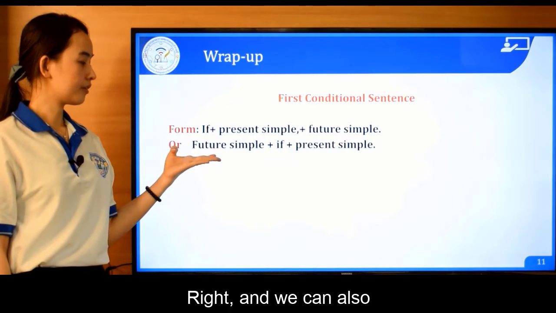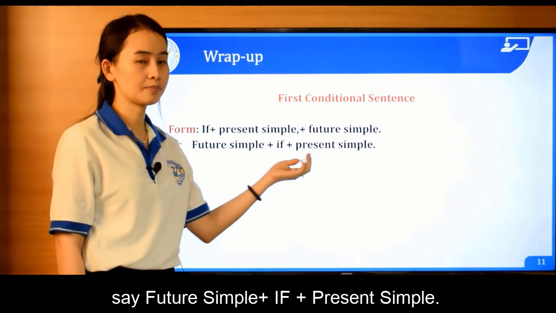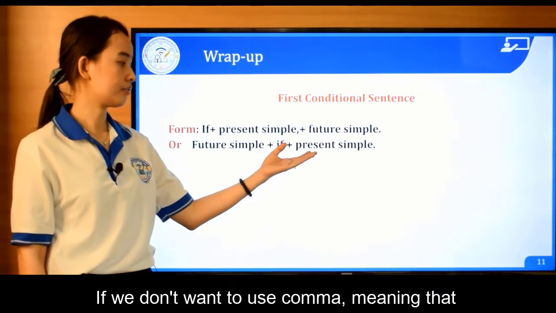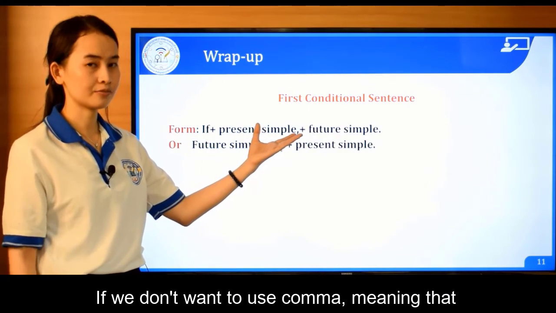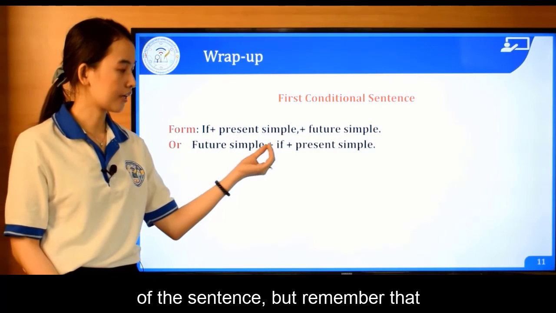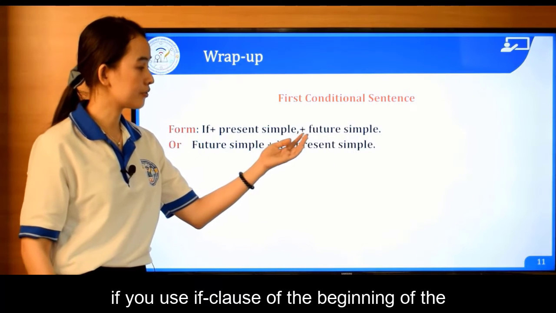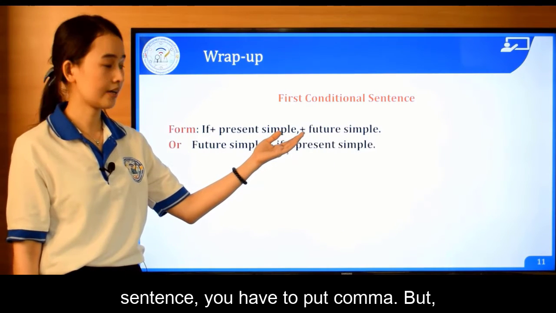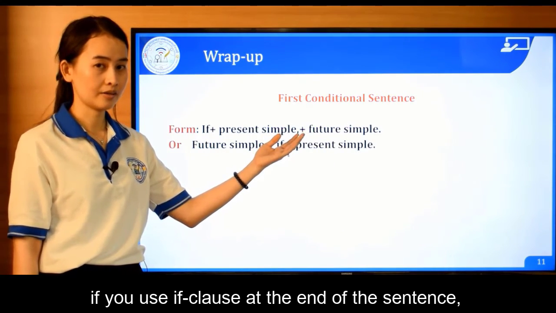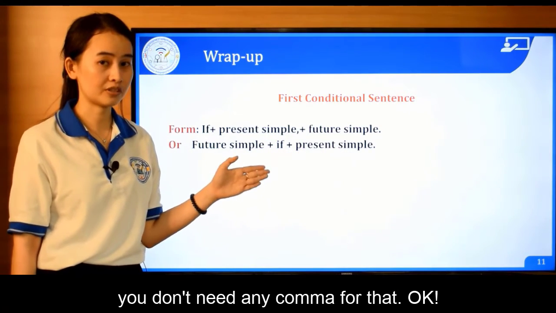And we can also say future simple plus if plus present simple if we don't want to use the if clause at the beginning of the sentence. We can use it at the end of the sentence, but remember that if you use the if clause at the beginning of the sentence, you have to put a comma. But if you use the if clause at the end of the sentence, you don't need any comma for that.